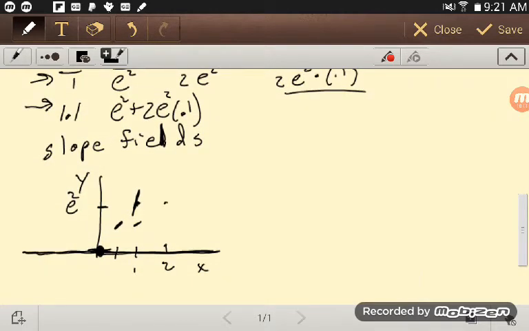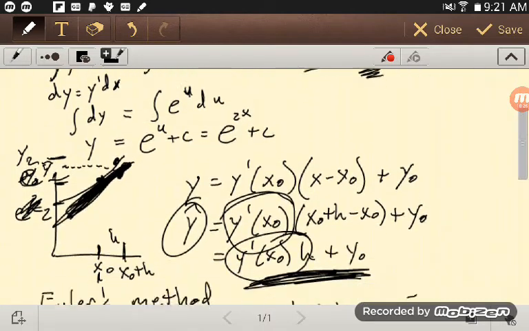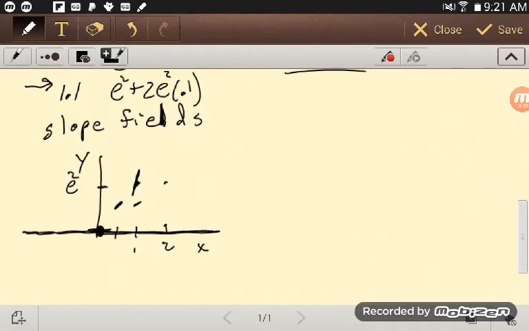I go to here, and I evaluate using my relationship between the derivative and either x or y, or if I have a more complicated differential equation, it'll have both x and y in it. I evaluate that slope and say, if I'm at that point, take that slope, draw the tangent line, and I can draw all those tangent lines as I go. That's all a slope field is doing.